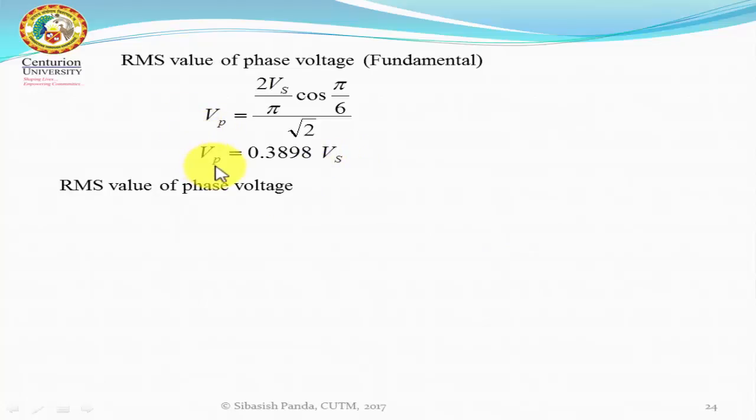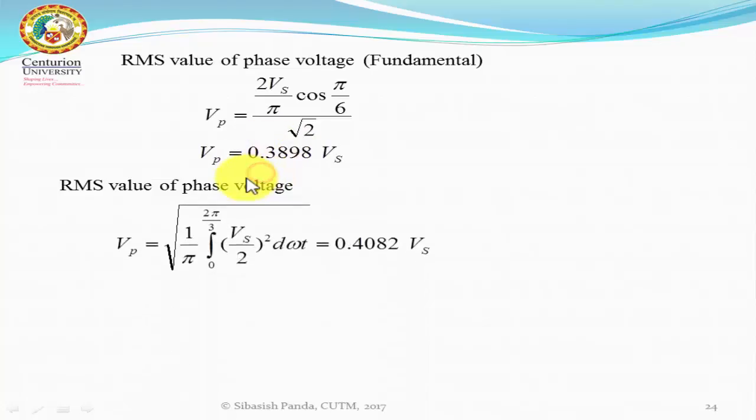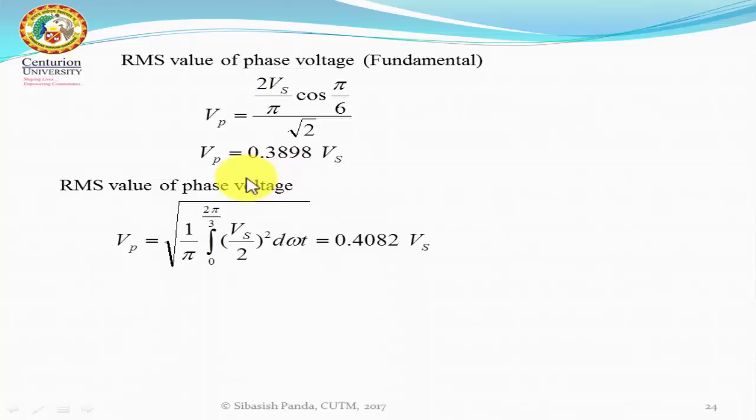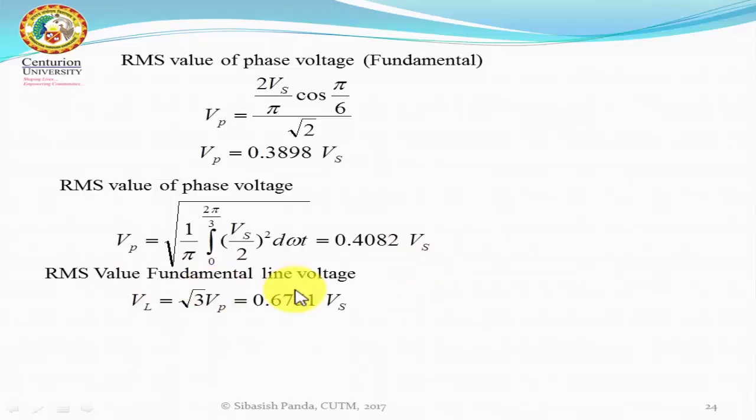The fundamental component of phase voltage is found to be 38.98, nearly 39% of the input supply. The RMS value of phase voltage is 40.82 percent. The fundamental value of line voltage is 67%, and the RMS line voltage will be 70% of the input supply.